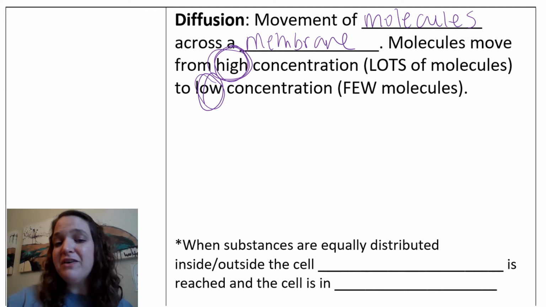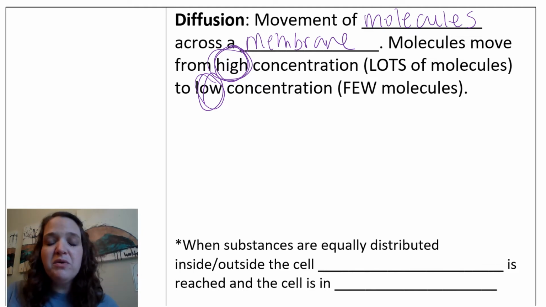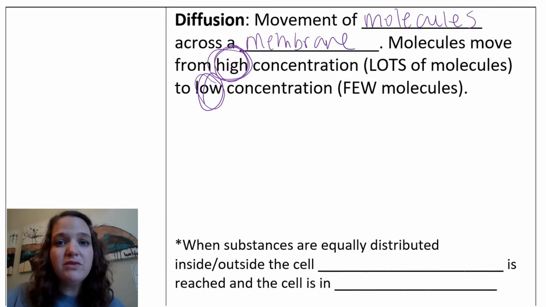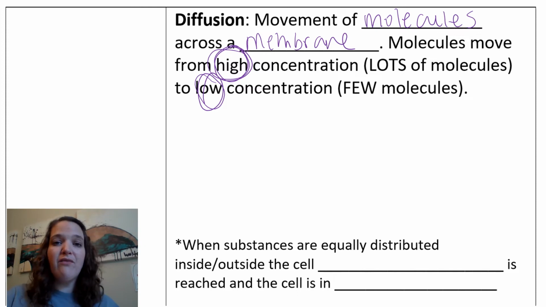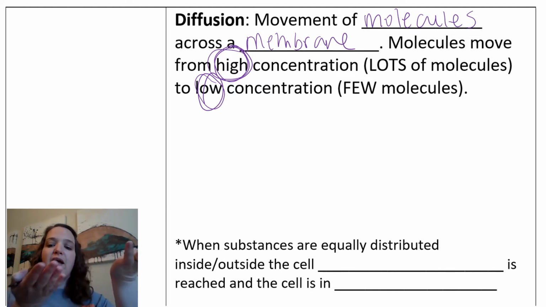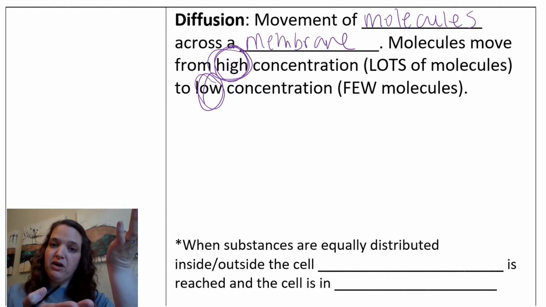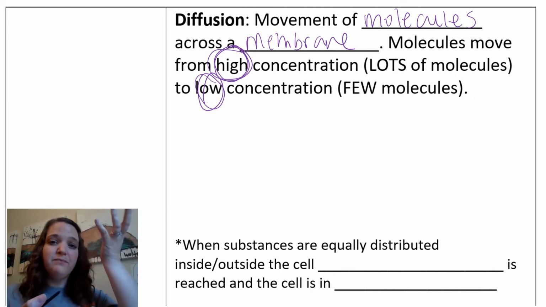This is actually very similar to something we learned about last semester during second quarter. We talked about how wind is formed. And wind forms when we have an area of high pressure or high molecules and an area of low pressure or low molecules. And those two differences in air pressure is what causes wind.